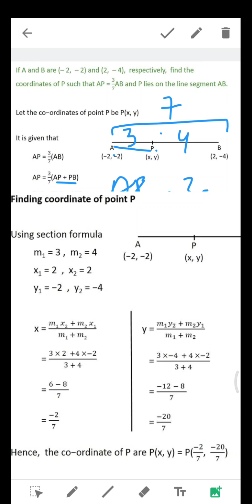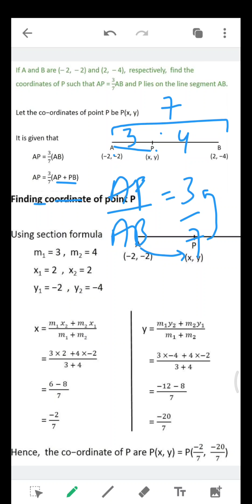So you can clearly see the section formula: x is (m1 x2 plus m2 x1) by (m1 plus m2), and y is (m1 y2 plus m2 y1) by (m1 plus m2). Substituting all the values very carefully in the formula, what do we get? m1 x2 is 3 into 2, and m2 x1 is 4 into minus 2, by m1 plus m2, that is 3 plus 4, 7.